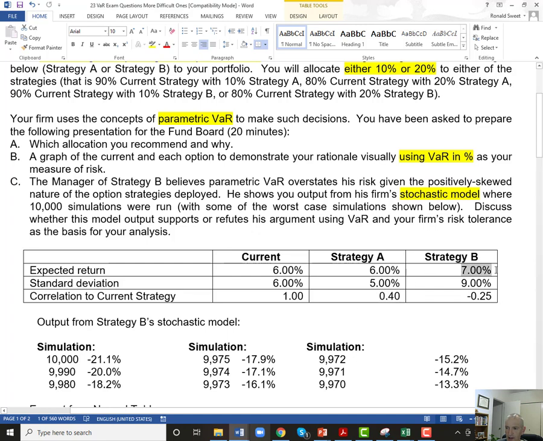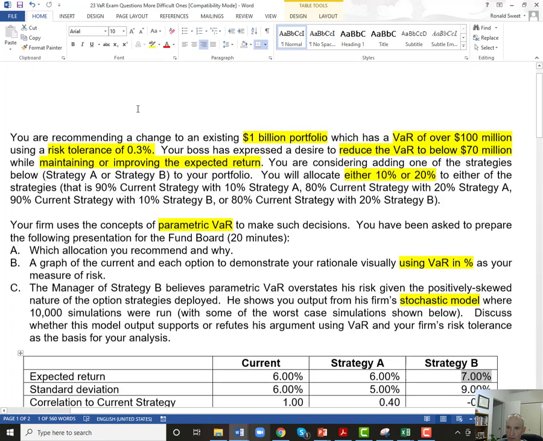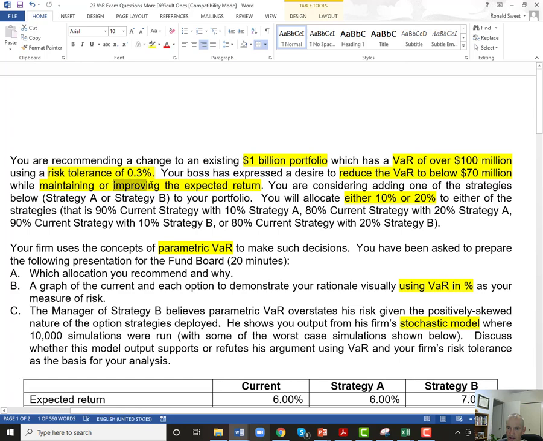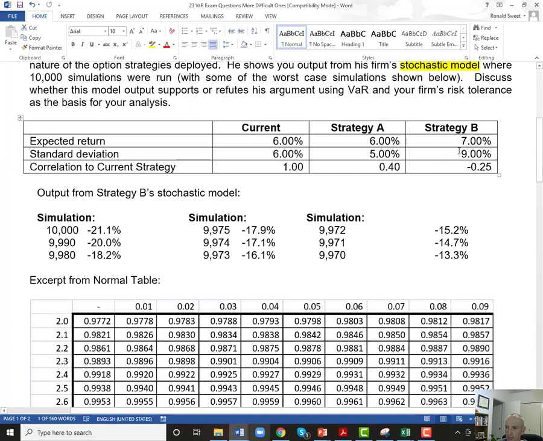B has a higher return. So if you do B, your expected return will increase, but it's a much higher risk strategy, and it's a strategy that's uncorrelated to the current. So what does that mean? With A we don't get extra return, but it's much lower risk. With B we get extra return, it's higher risk, but it's a diversifying risk.